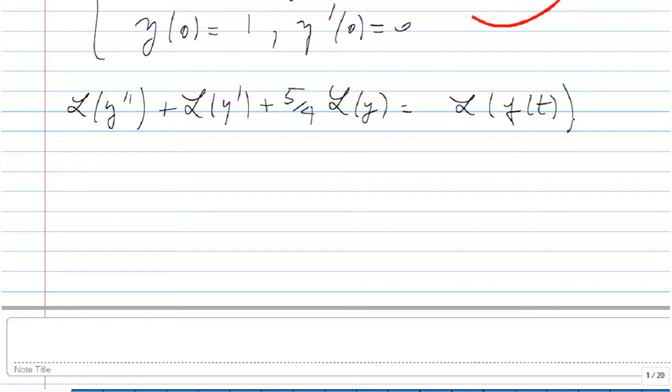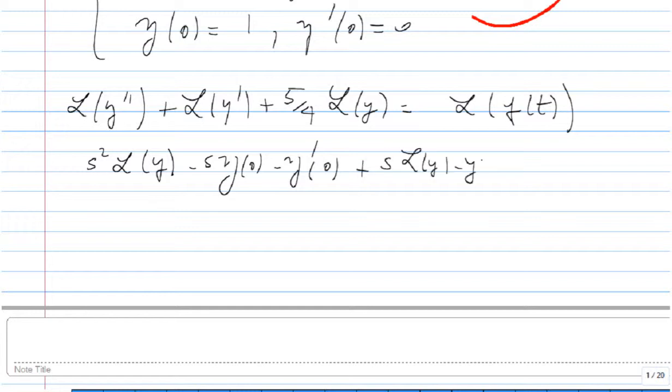So let us go first to y double prime, that is s squared Laplace of y minus s y of 0 minus y prime of 0. And then what's Laplace of y prime? That's s Laplace of y minus y of 0, plus 5/4 Laplace of y. And this should be equal to Laplace of f of t.